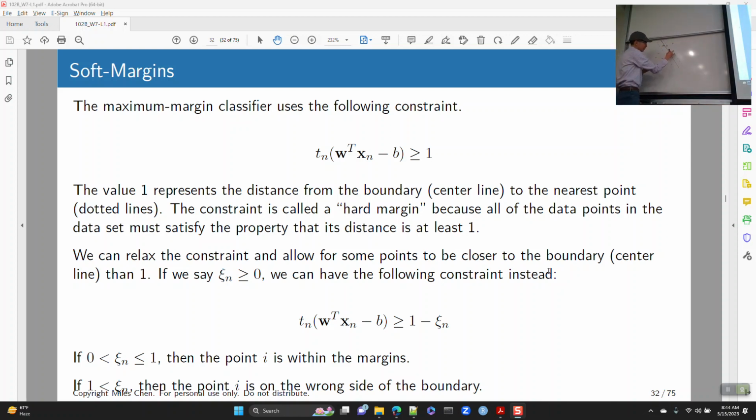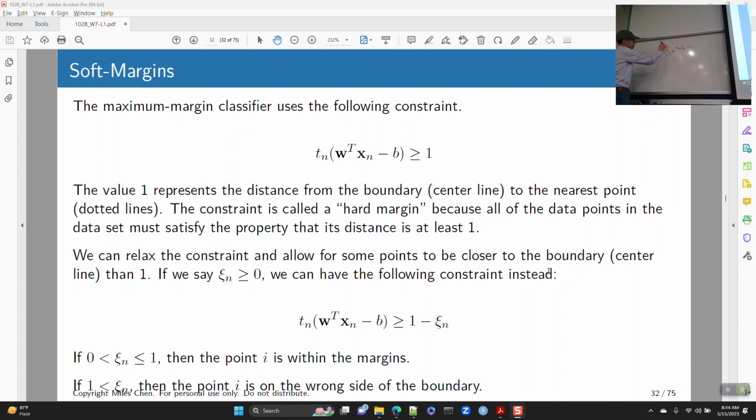So this distance, this one will have a distance of 1. We're going to say W transpose X minus B is greater than or equal to 1, okay? Multiplied by the sign t sub n, right?